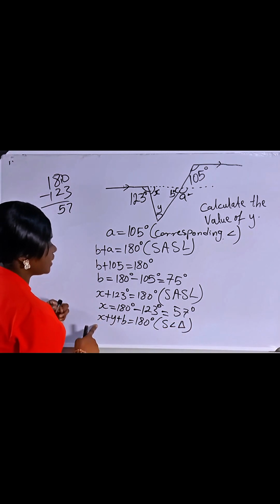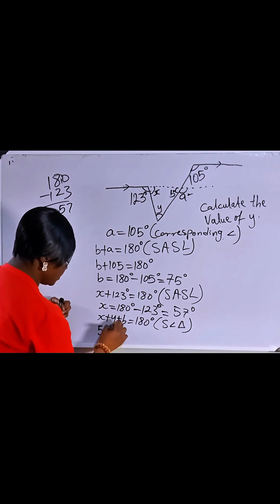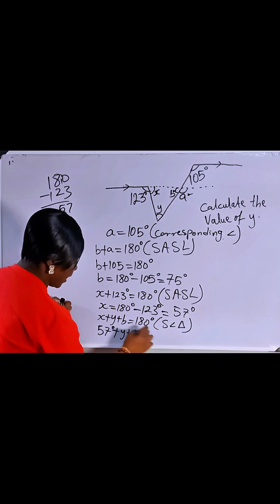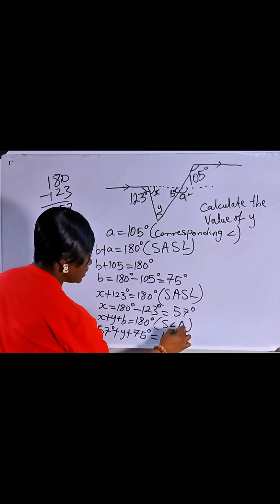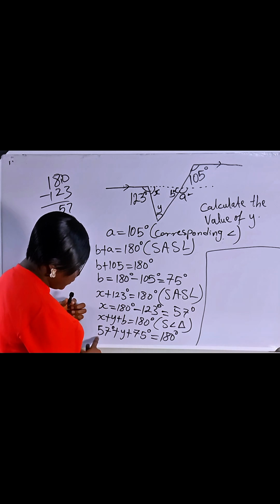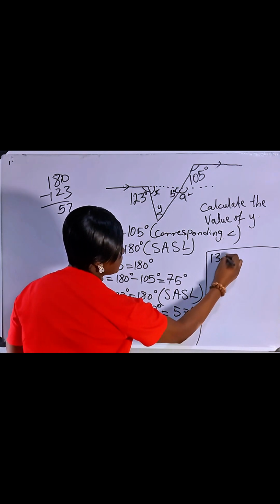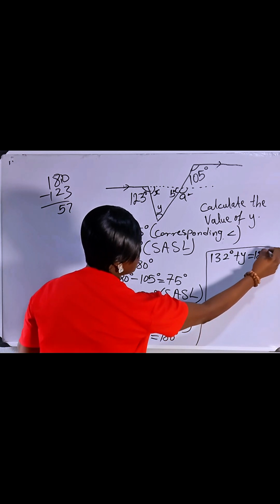So from here, X is 57 degrees plus Y, then plus B is 75 degrees, and this equals 180 degrees. So from here we have 57 degrees plus 75 degrees will give us 132 degrees, plus Y equals 180 degrees.